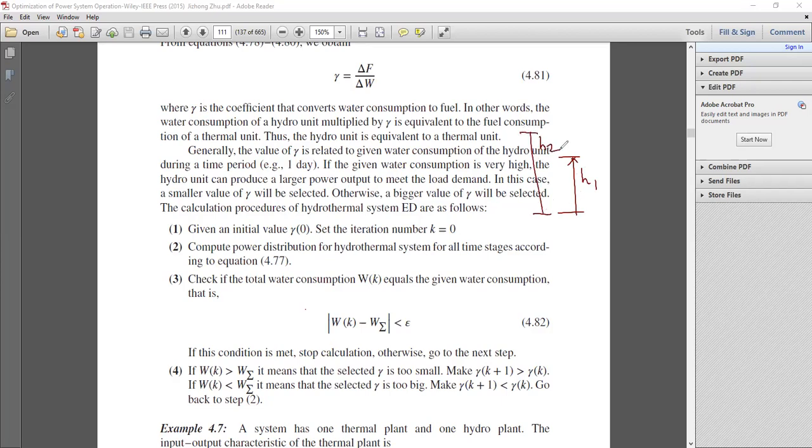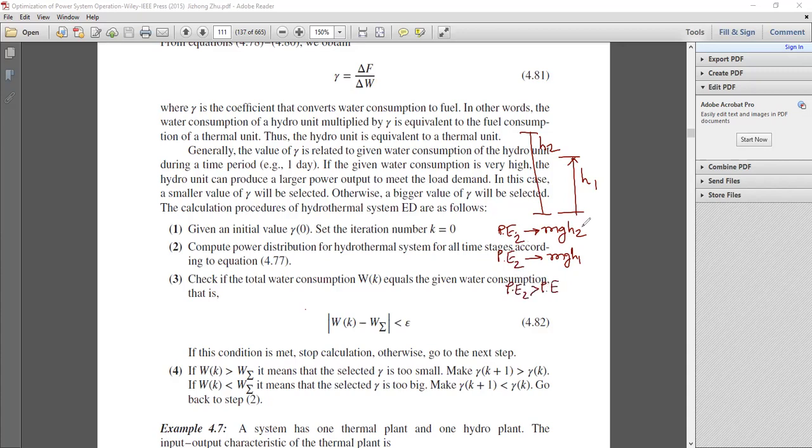For H2 you will be getting mgh2, whereas for H1 you will be getting mgh1 amount of potential energy. Because the m and g values are the same, water mass and gravitational g, the only thing that differs is the value of h. So if h increases, your potential energy is higher. So potential energy 2 is greater than potential energy 1.